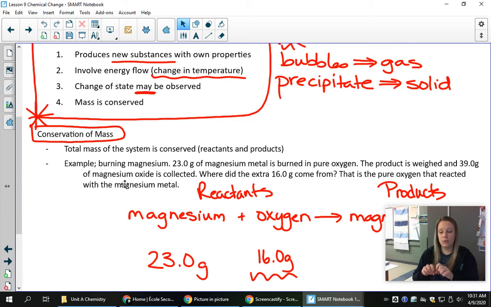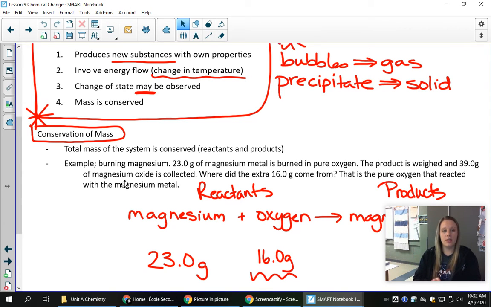And what you should notice, if we're able to capture all of that gas, is that the mass of the Erlenmeyer flask, the balloon, the vinegar, and the baking soda before, so the reactants before, is exactly the same as all of the gas that's trapped and the Erlenmeyer flask and the balloon that you get after.